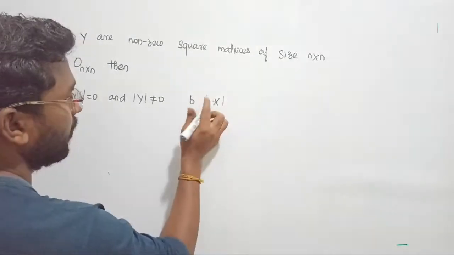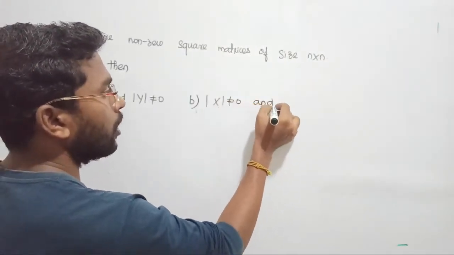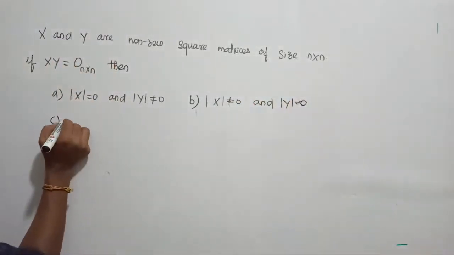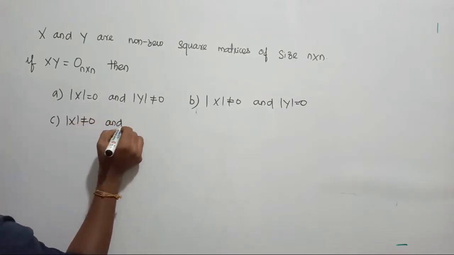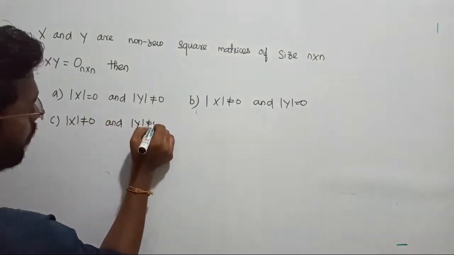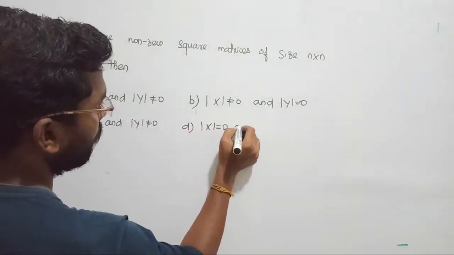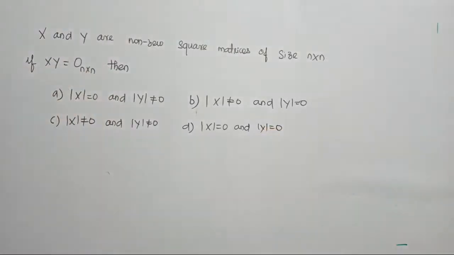Option B, mod x is not equal to 0 and mod y is equal to 0. Option C, mod x is not equal to 0 as well as mod y also not equal to 0. And option D, mod x equal to 0 and mod y also equal to 0. Clear? Yes. Shall we proceed further?